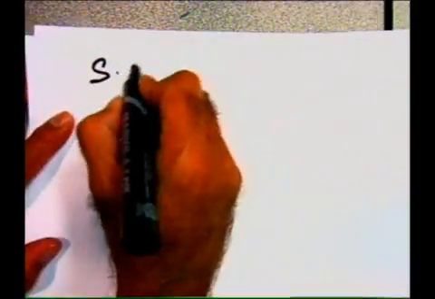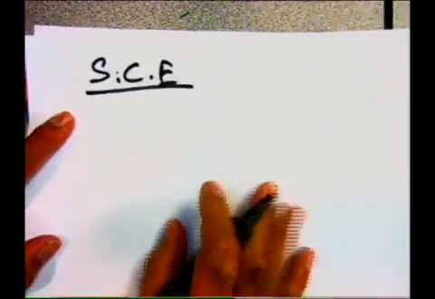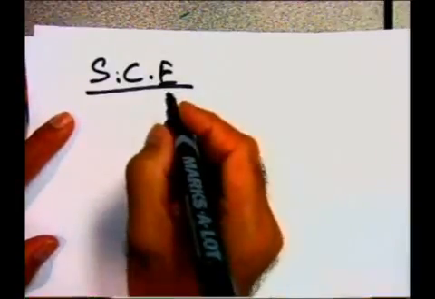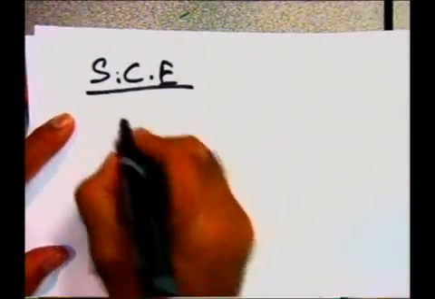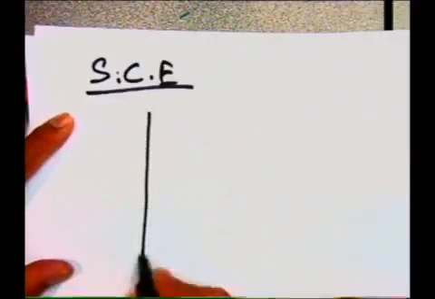The first one is simple columnar epithelium, in short SCE. The shape of the cells is of various heights. Columnar means like a column.